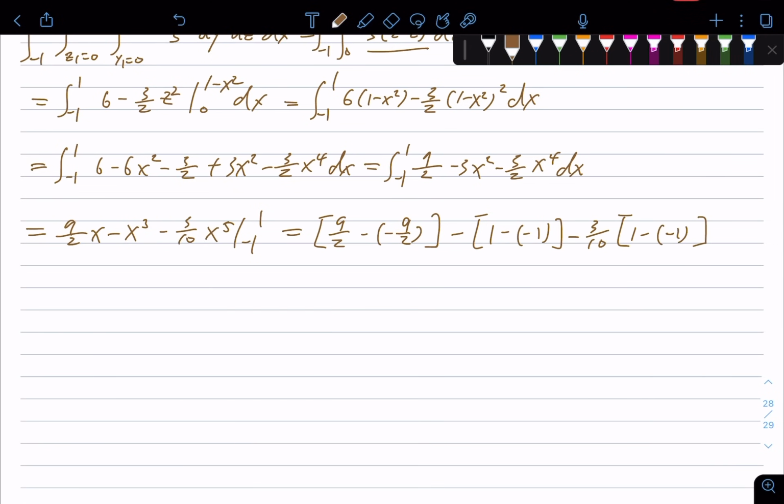We are going to end up having 9 minus 2 minus 3/5, which will give us 35/5 minus 3/5, and then equals 32/5.